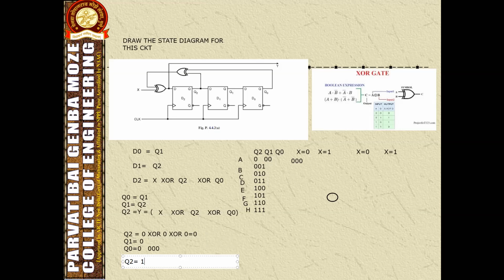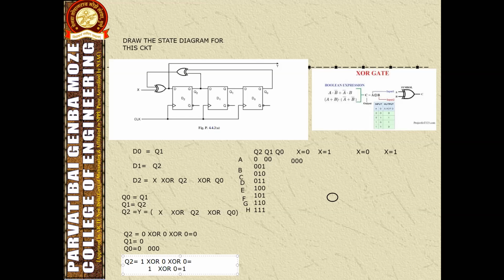When x is high, XOR with Q2, which is 0, XOR with Q1, which is 0. So the XOR operation gives 1 here.